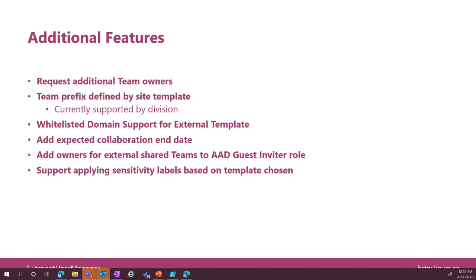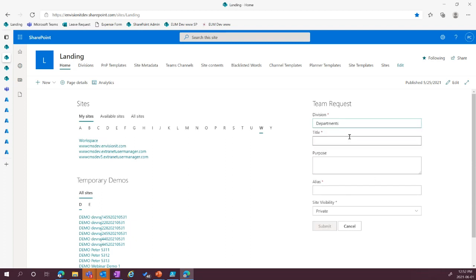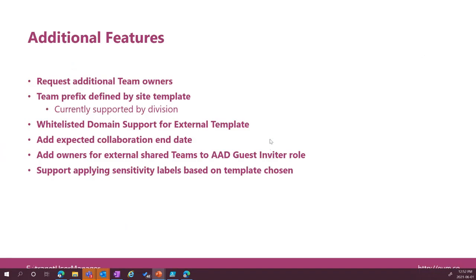So when I'm on the team request form here, I've picked a particular team and I want to set that up. Do I have the ability to add other people as owners to that team? Because what's going to happen when I submit this, it's going to make me, as the person that submitted it, the owner of that team, but maybe there's 2 or 3 or 4 other people that should be an owner of that. So just adding another people picker box that you can add those additional people in.